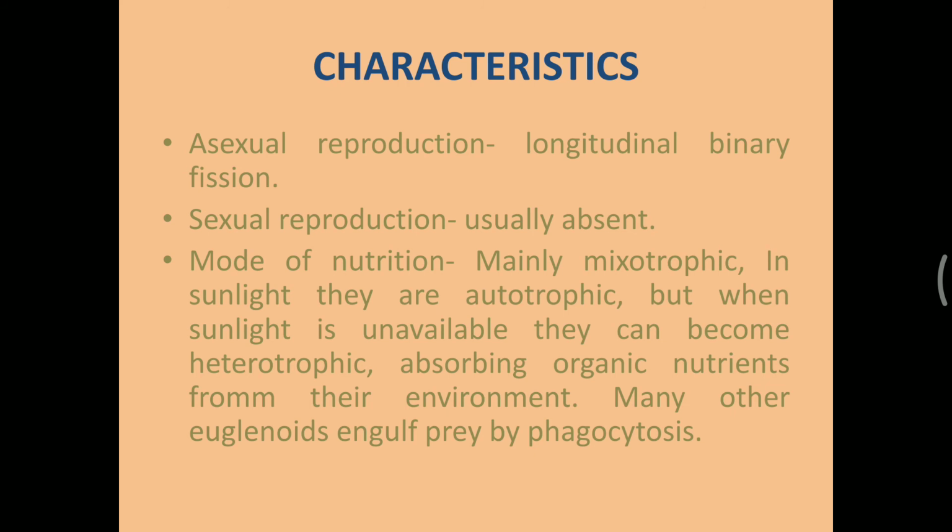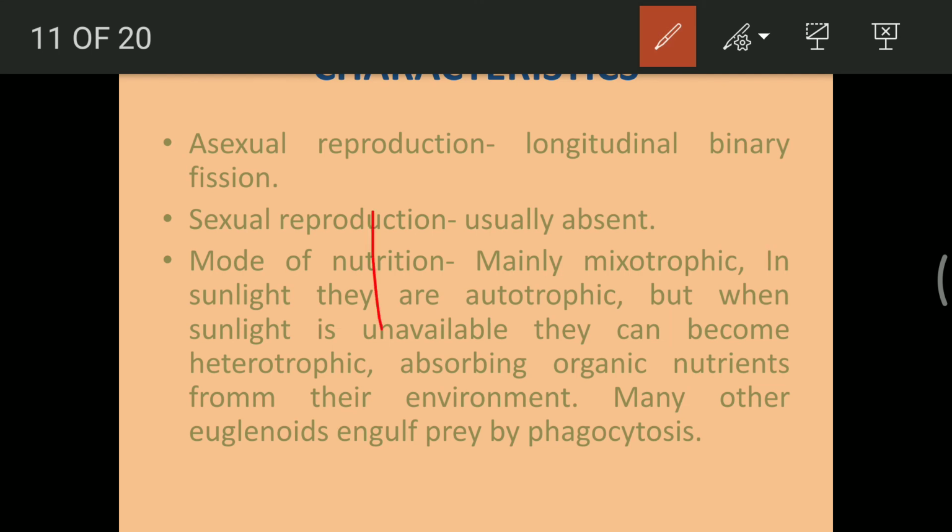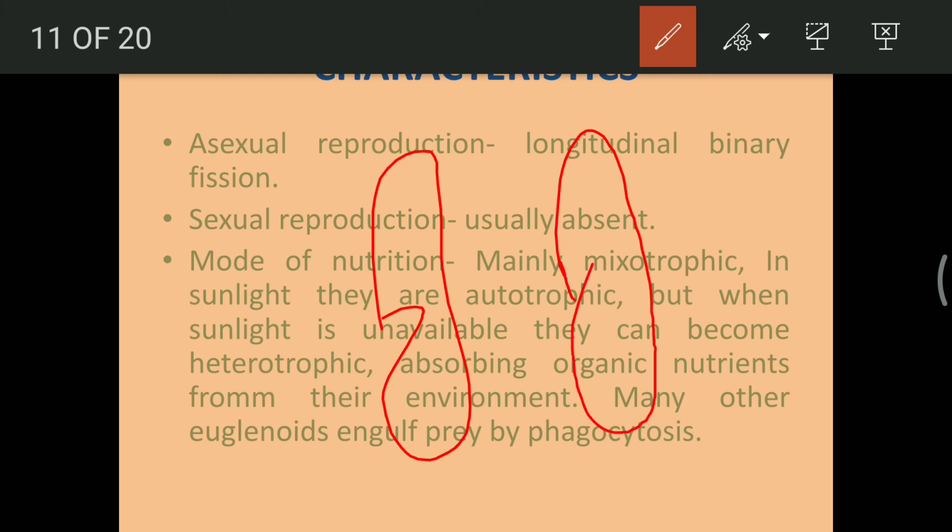The asexual mode of reproduction is by longitudinal binary fission. So longitudinal binary fission means, see, this is the structure of a Euglena. And what exactly happens is, it has a nucleus, and it divides in this fashion.